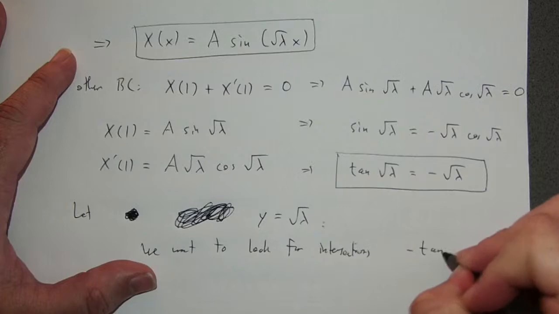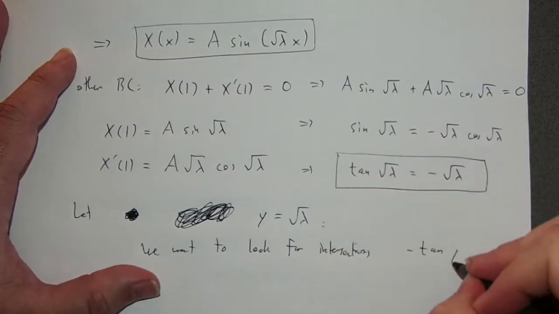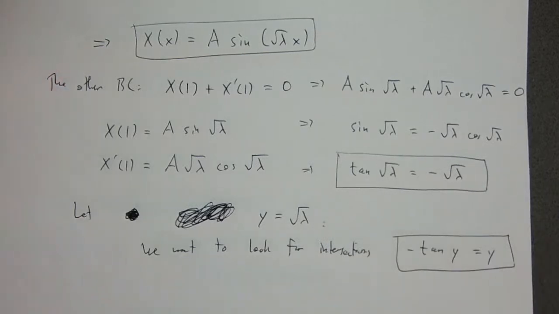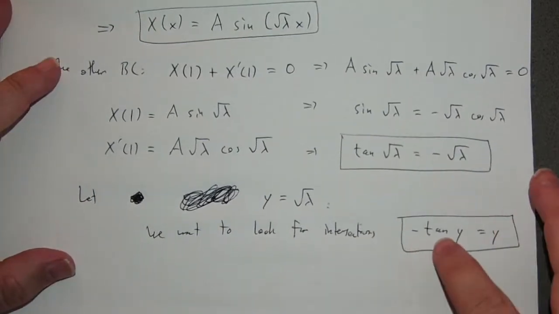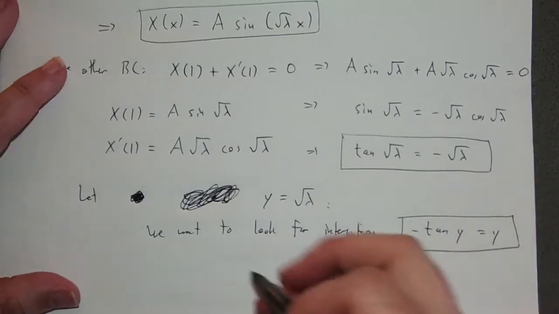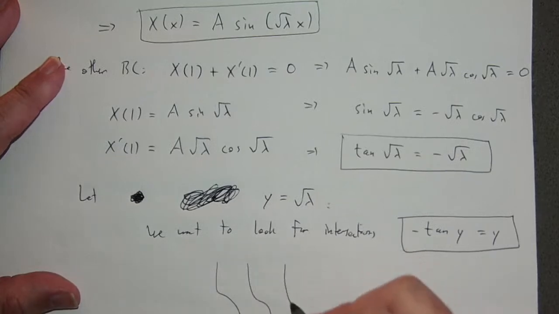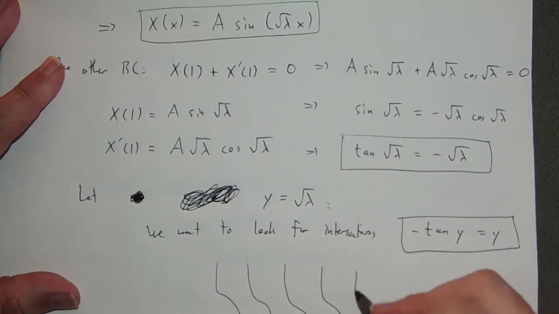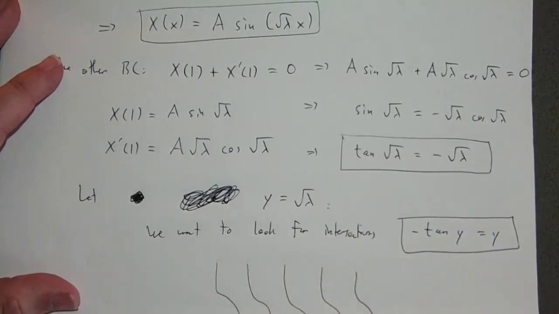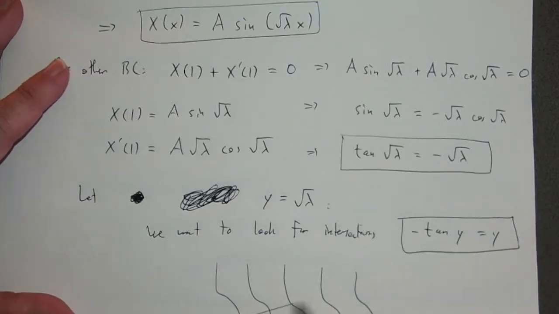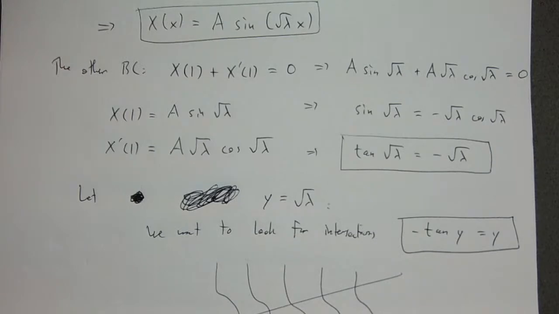So I'll rewrite this as minus tan y is equal to y. So I have minus tan y. I know what that looks like, it looks like that, and y looks like this. Okay.